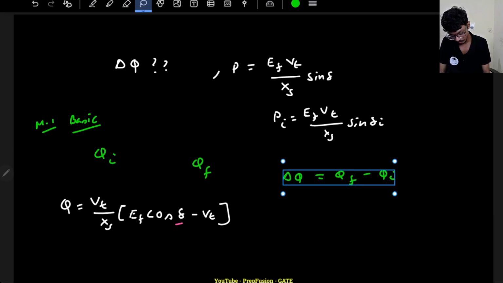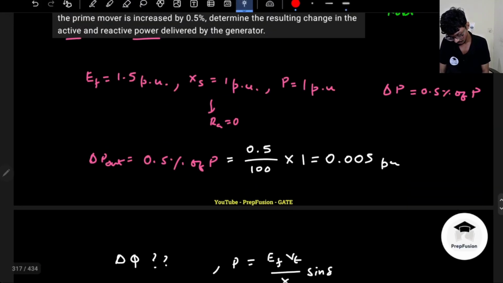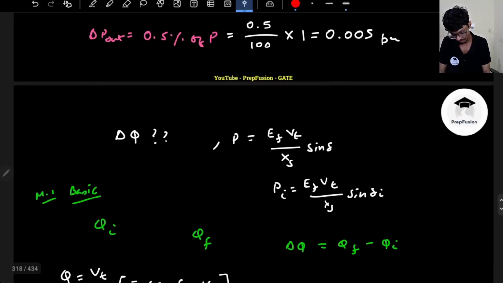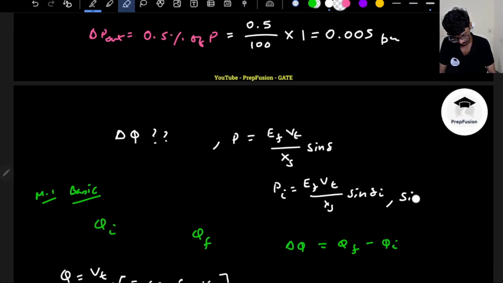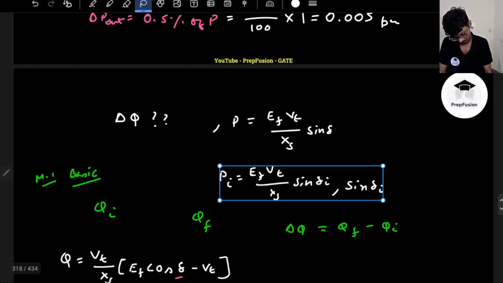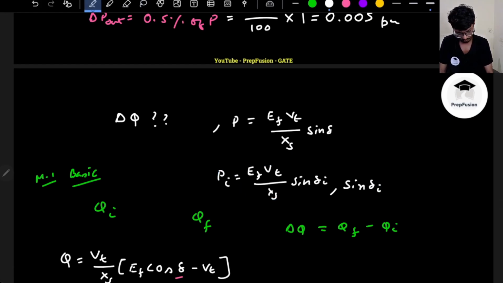Ef is 1.5, P I know, Xs I know, so sine delta I will be 2 by 3.